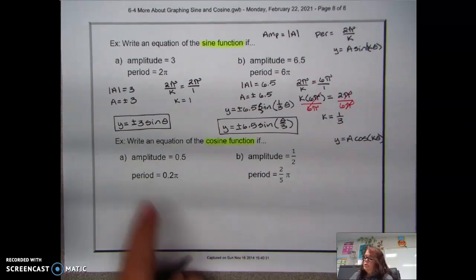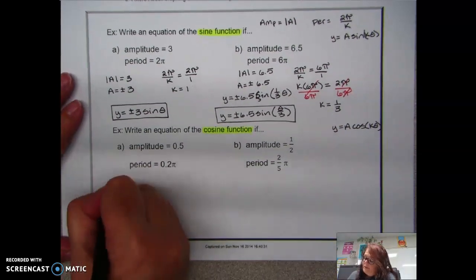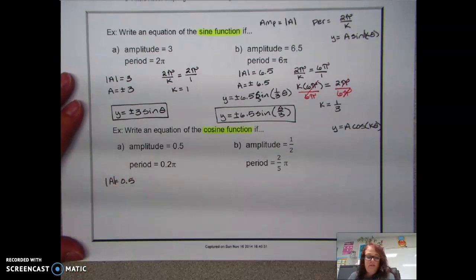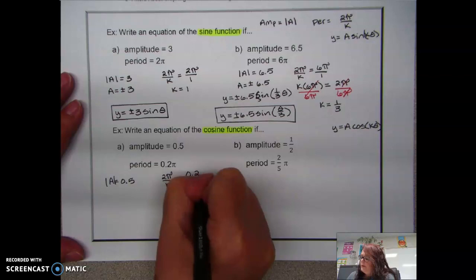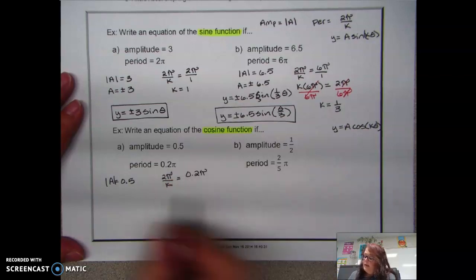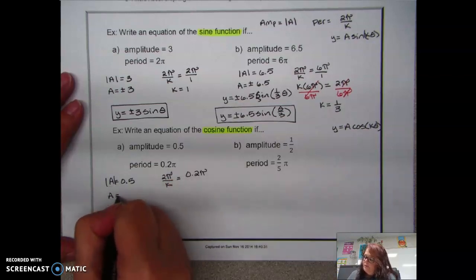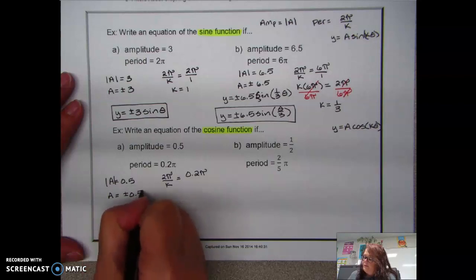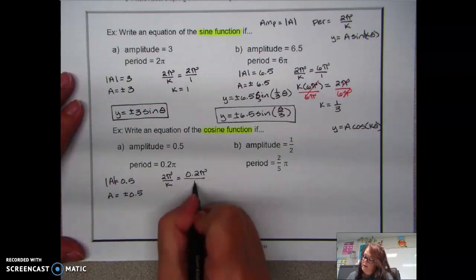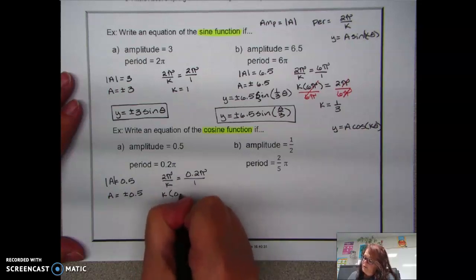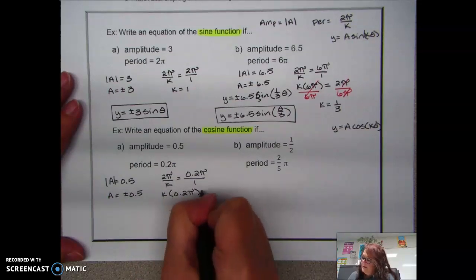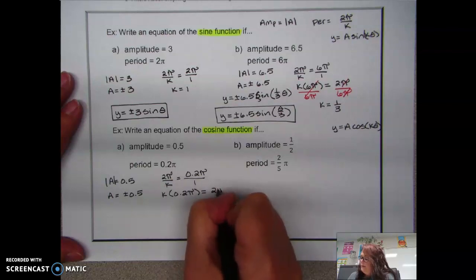Coming over here, we have the absolute value of A is equal to 0.5, and 2 pi over k is equal to 0.2 pi. So we get A is equal to plus or minus 0.5. And over here, if I put this over 1, I can cross multiply and say k times 0.2 pi is equal to 1 times 2 pi.